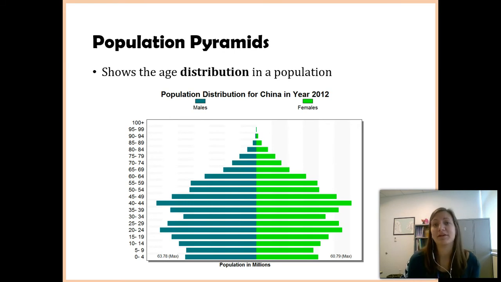So here's an example of a population pyramid of China, from a couple of years ago. On one side of our graph, we have males, the blue bars, and the green bars represent females.